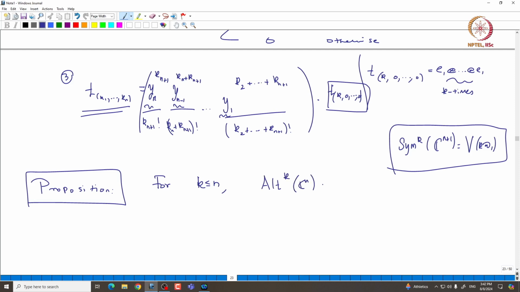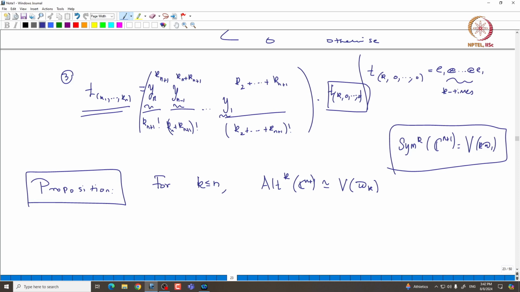So, if you think about it, this is indeed isomorphic to V of omega k. Okay. So, alt 1 C n plus 1 is exactly C n plus 1. So, that corresponds to V of omega 1, and the remaining alt powers you can see are naturally isomorphic to this V of omega k.